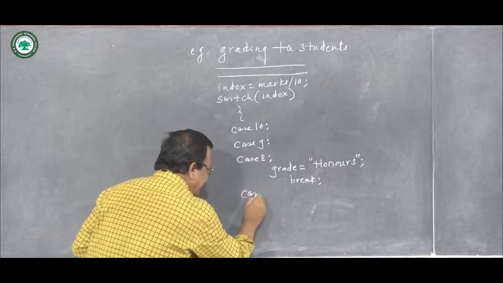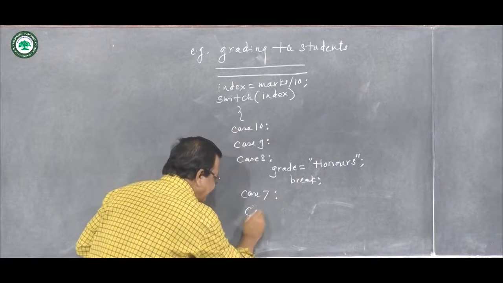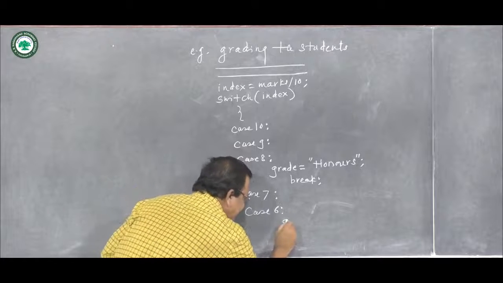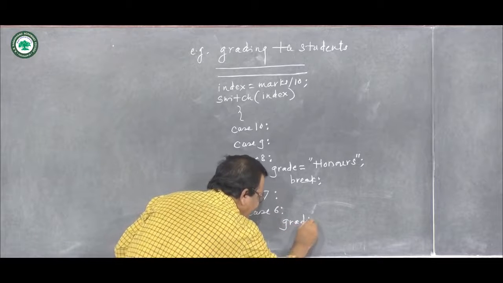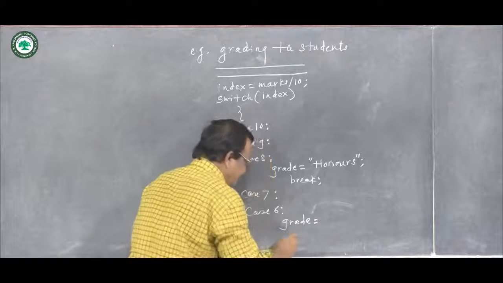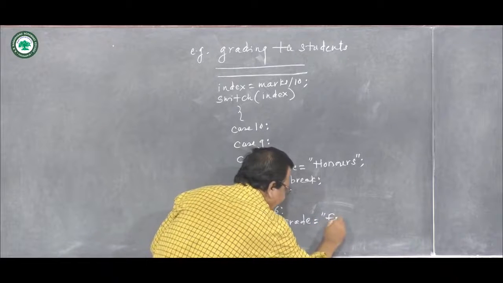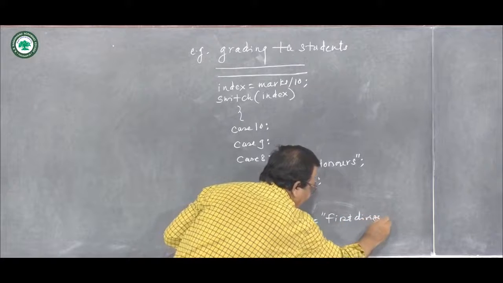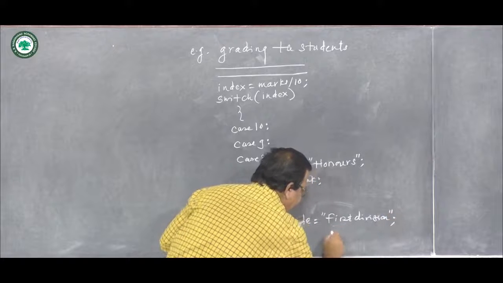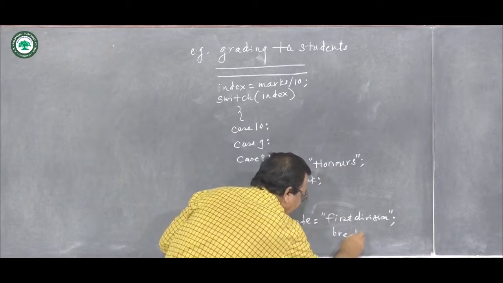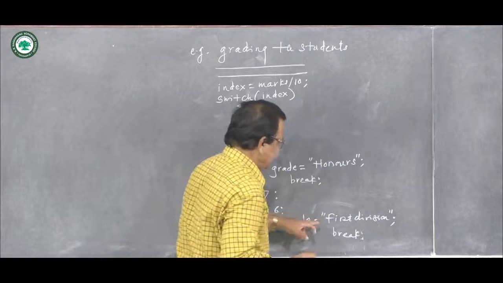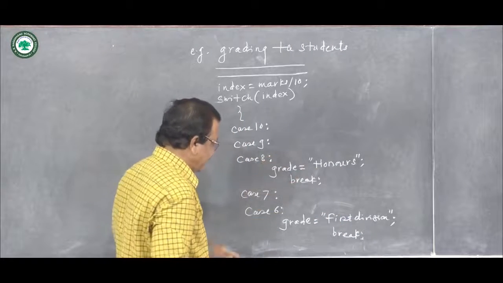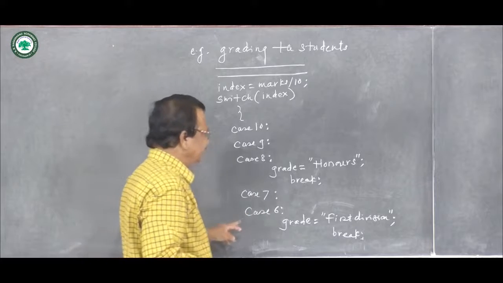Then case 7, case 6, if the student secures marks more than 60, then the grade which I am going to confer is first division. Remember, honors and first division are string constants which are followed by break to provide exit from the switch statement.